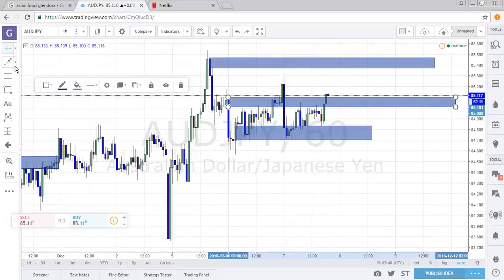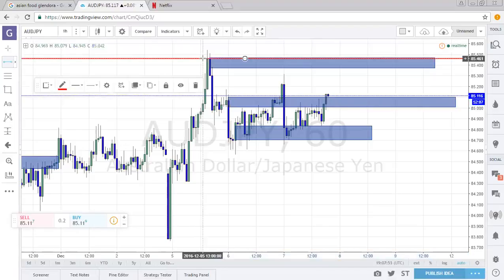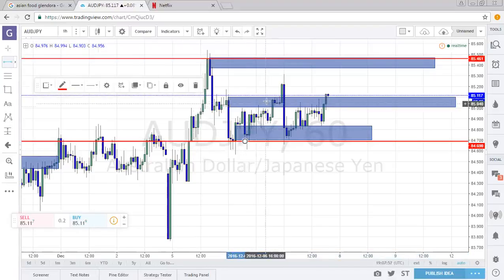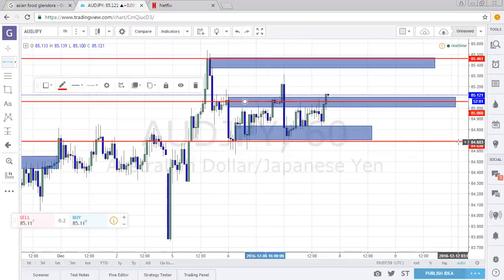This would be your range. That be your range. And I mean, just look at how beautiful that is. You can just trade this, you know. This is what I live for.